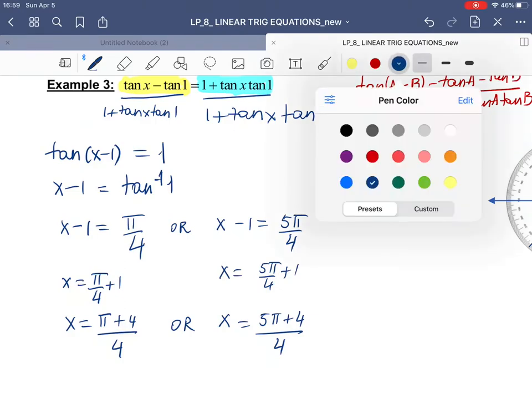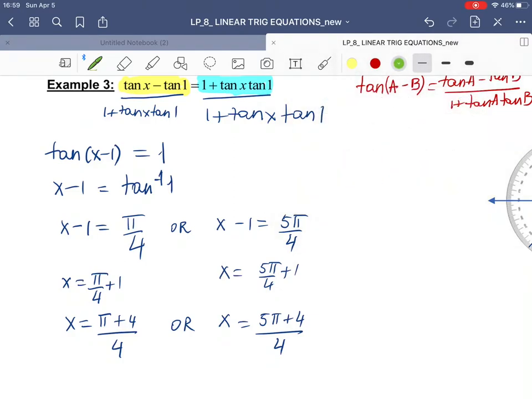So these two will be our exact answers. Sorry, I just want to make a small change in here. So the exact answers.